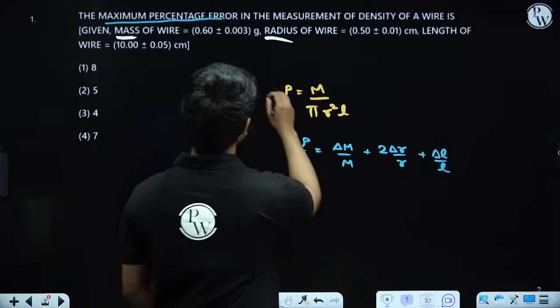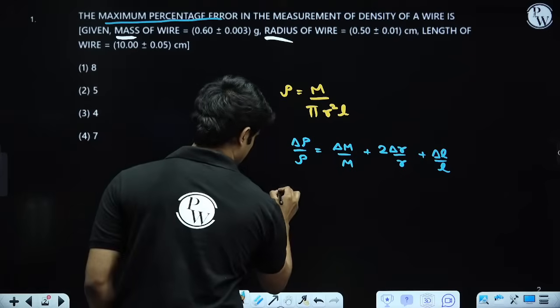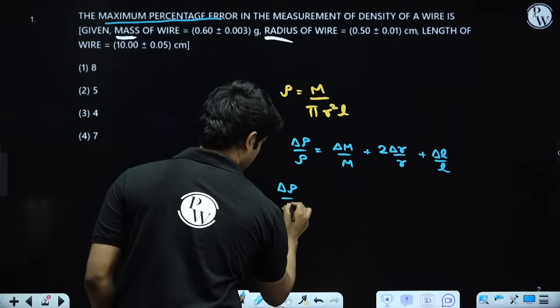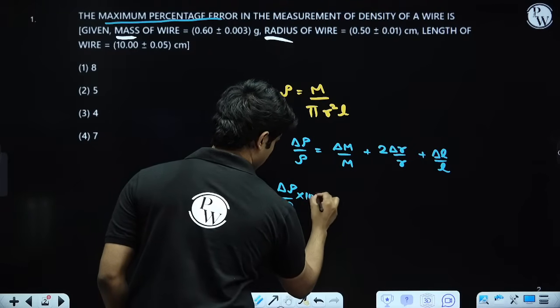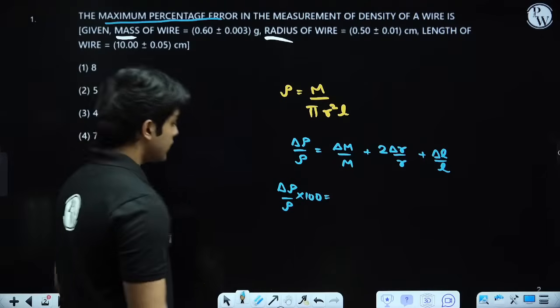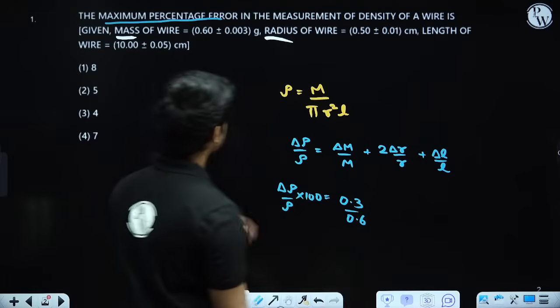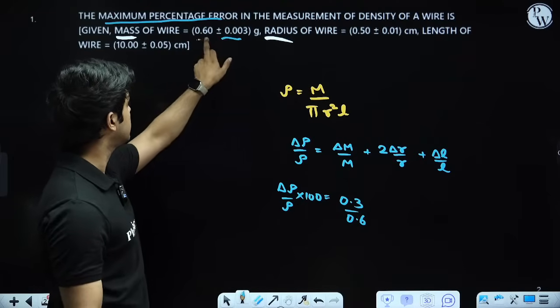So delta m is 0.003. If you multiply that with 100, delta rho by rho times 100 is what we are calculating. So this would be 0.3 divided by 0.6. This is the error in mass and this is the true value.